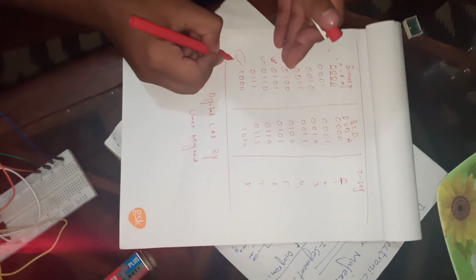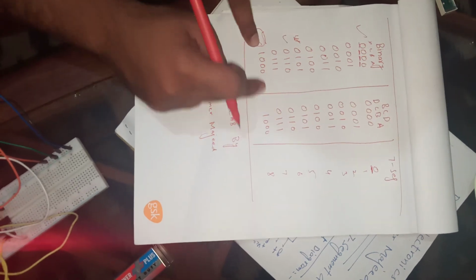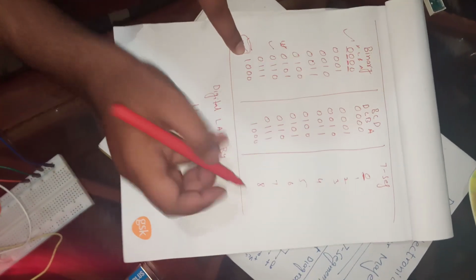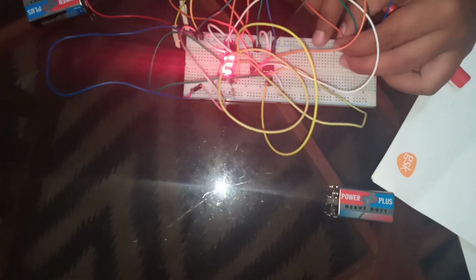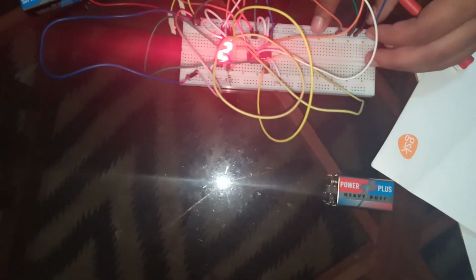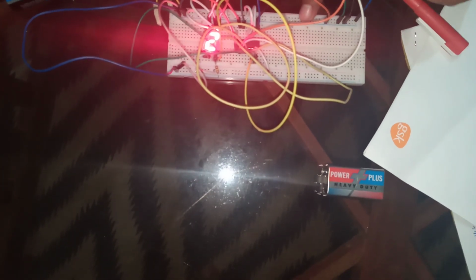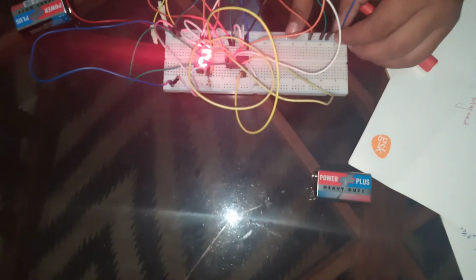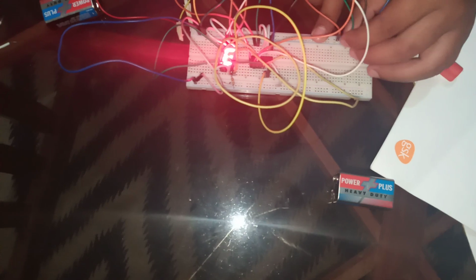Now we do this. Only D is at positive potential, all A, B, C at negative potential. We will get 8. Here is negative, here is negative. This blue wire is our D, which is at the positive potential, and all the other connecting wires are at negative potential.